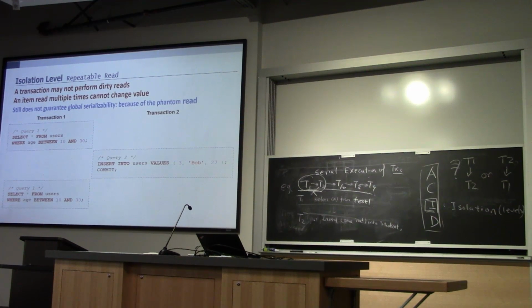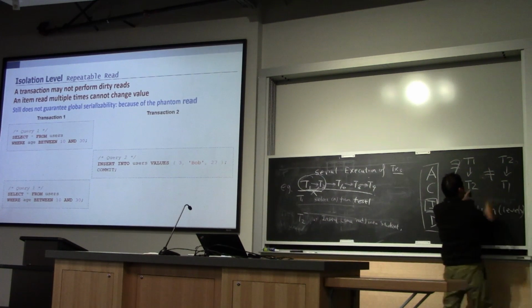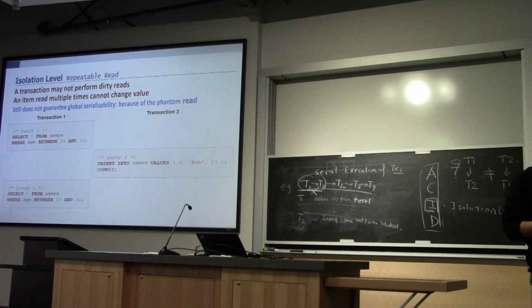From T1's perspective, you got everything aged between 10 and 30 twice, plus this new user twice, because its age is between 10 and 30, satisfying your condition. So one thing we observe is that these two are not equivalent, at least in this example. You follow that?